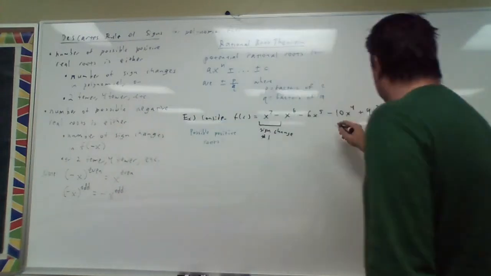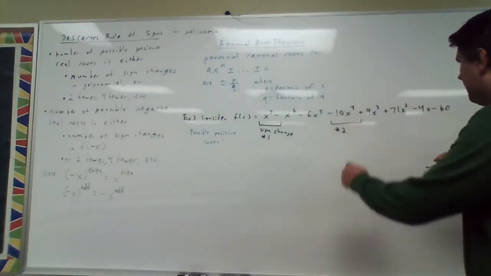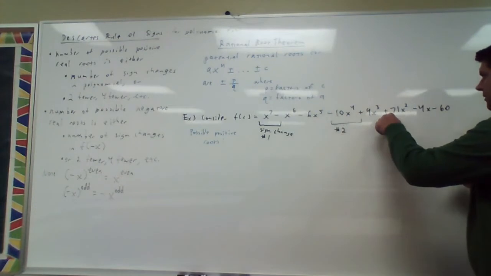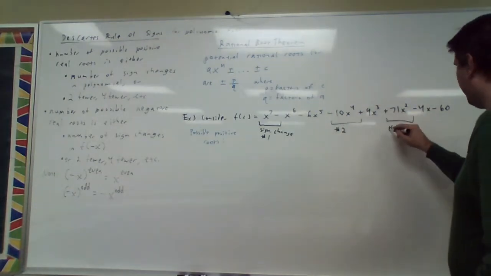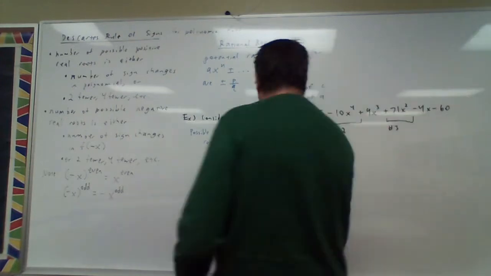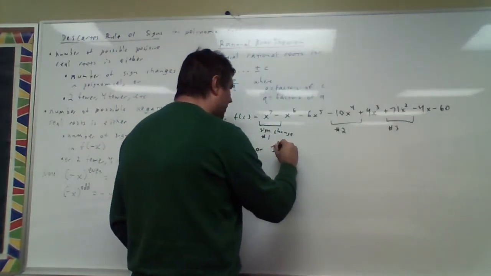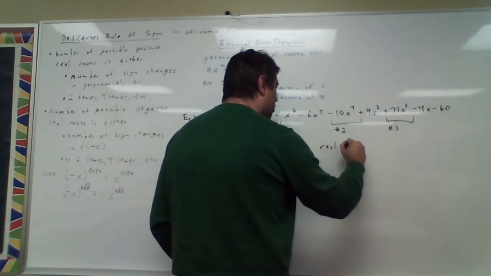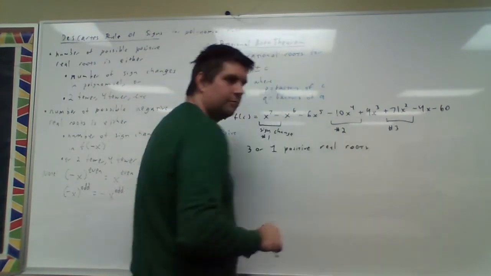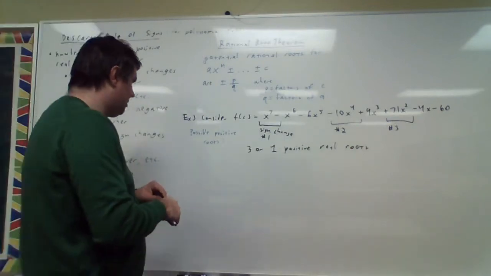Negative to positive, so that's number 2. And then that's positive to positive, positive to negative. That is number 3. So there are going to be 3 or 1 positive real roots.